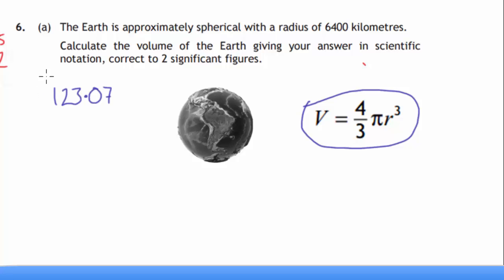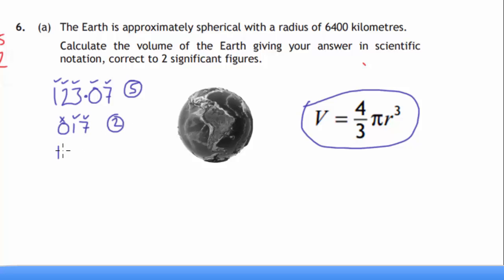That's significant, that's a 0, but if there's another number after the 0, we count this as significant as well. So that's got 5 significant numbers. If I write another number down, the first number we come across isn't significant, but these two are. So that's got 2 significant numbers.